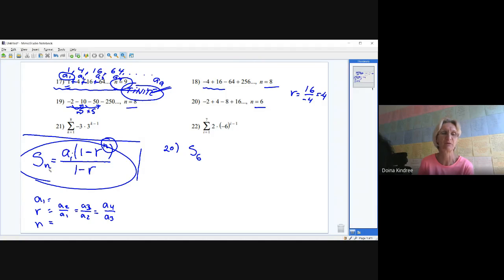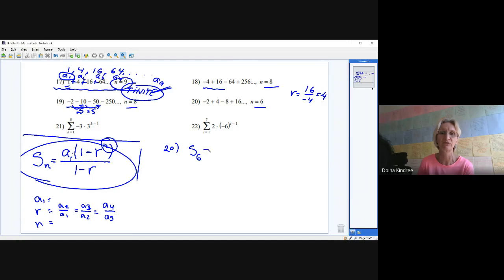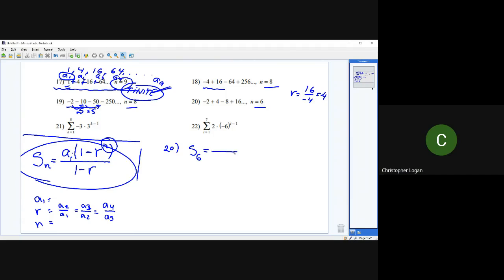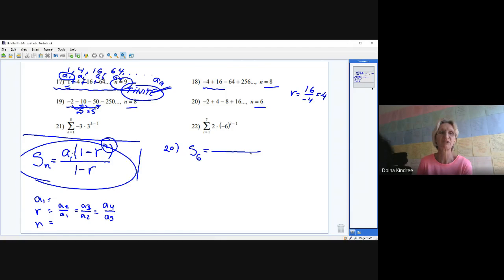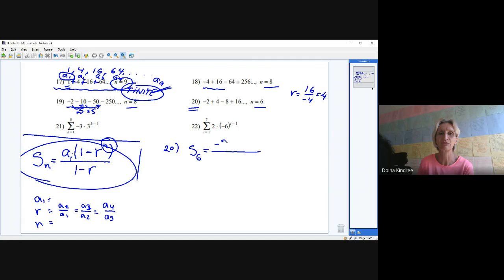This is your n from the left side, correct? Now let's draw the fraction line and help each other. You tell me A1. A1 is -2 on number 20.